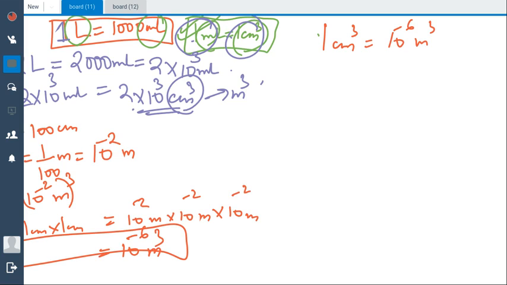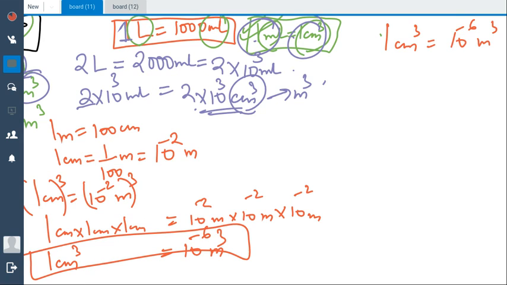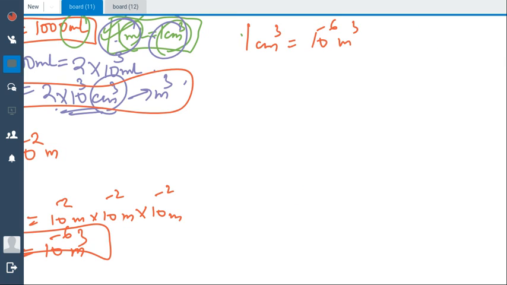Now, what is the next step? We left it over here, right? What we have is 2 into 10 raised to 3 centimeter cube.